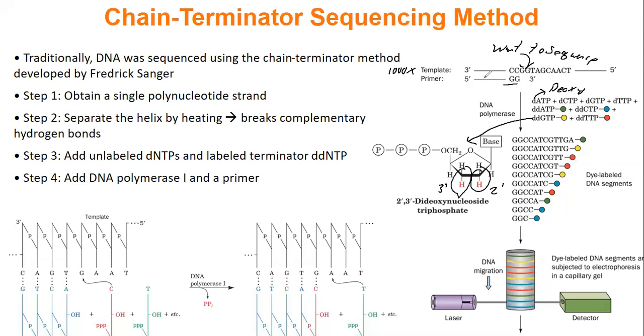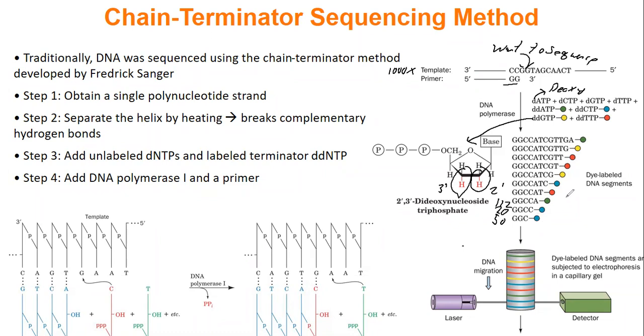And so if you have enough templates, what will happen by chance is that you'll stop at different points in different reactions. So if I have 1,000 templates, let's say run number 50 stopped here, run number 20 stopped here, run number 112 stopped here, and so on and so forth.